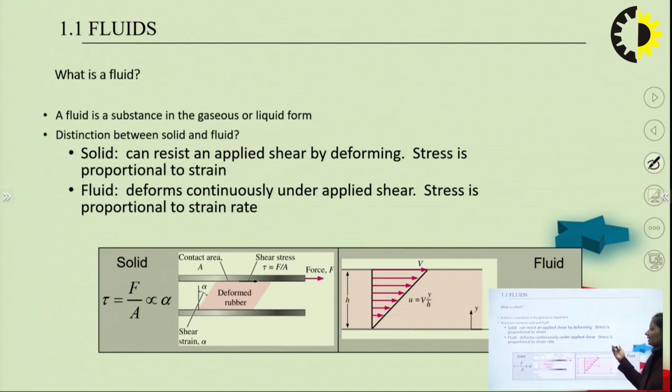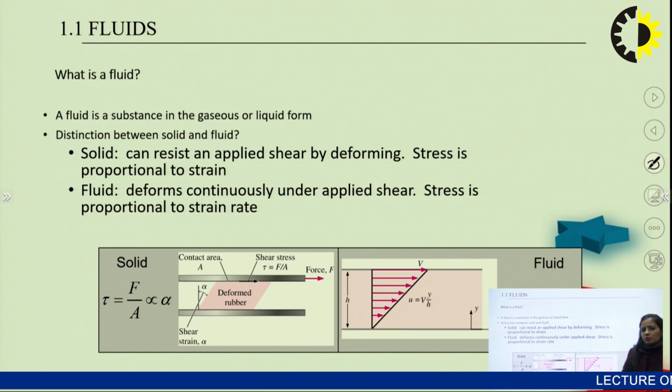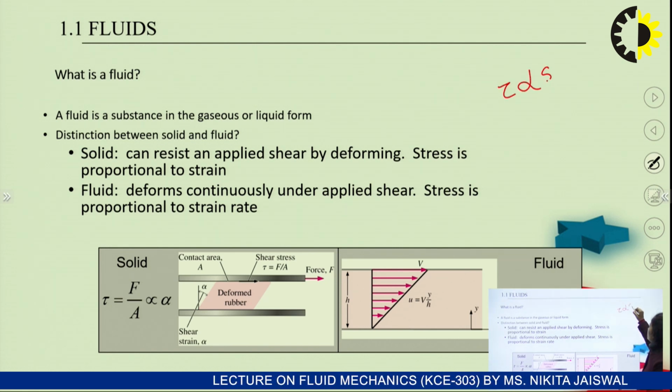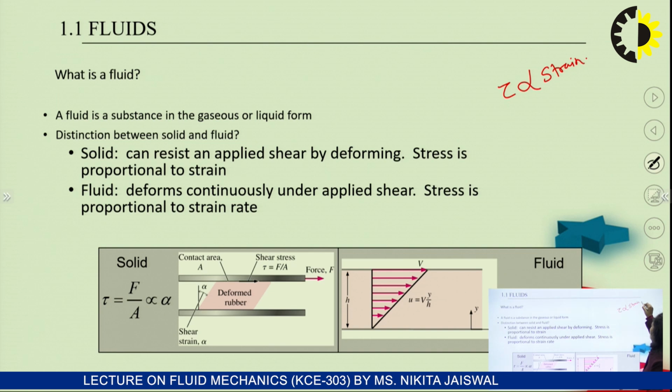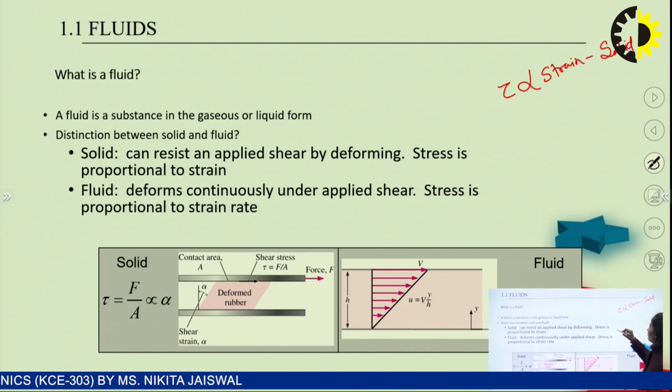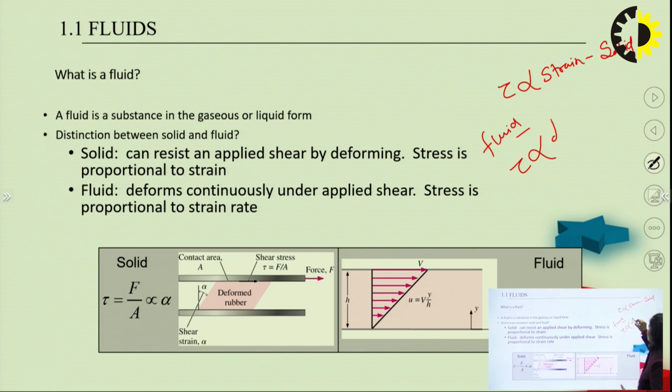So solid can resist the applied shear by deforming, and stress is proportional to strain. We know very well, in case of solid, that applied stress is proportional to strain, but this is a case of solid. Okay, but when we take any case of fluid, the shear stress is actually proportional to strain rate.